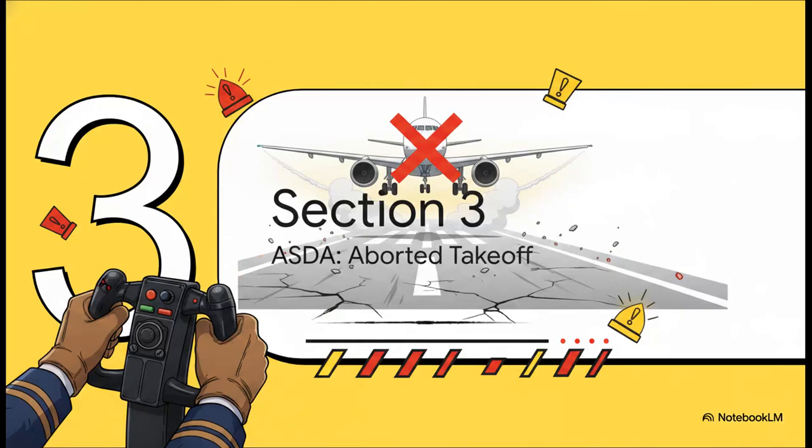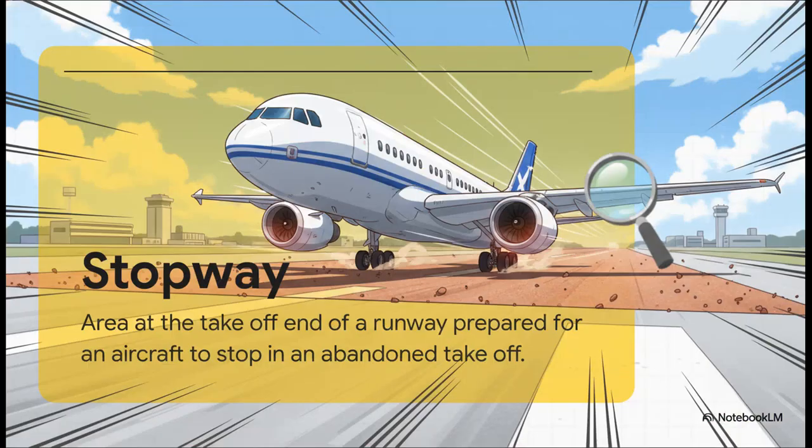Section 3, ASDA, the aborted takeoff. Okay, let's rewind our scenario for a second. Imagine your takeoff didn't go as planned. Maybe you get an instrument warning during the roll, and you decide, nope, we have to abort. If you abort at high speed, you might actually need more room than the standard TORA provides. And this brings us to the stopway.